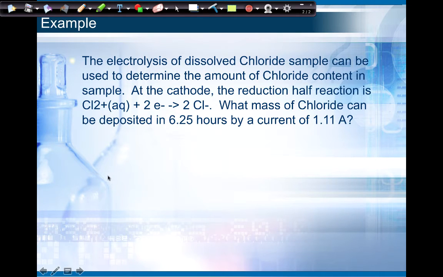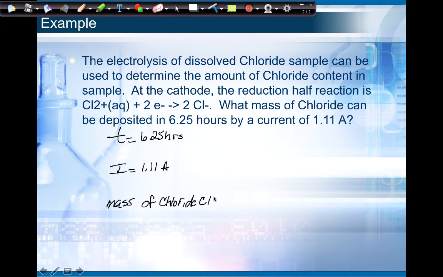Okay, so let's pull out the information that was given to me first. It does give me the reaction here, and also tells me that my time that has passed is 6.25 hours. It also tells me my current, so current is I, 1.1 amps, and it's asking for the mass of chloride, Cl minus.